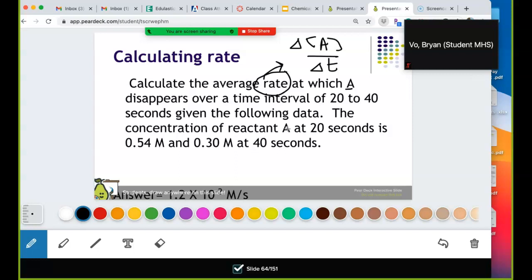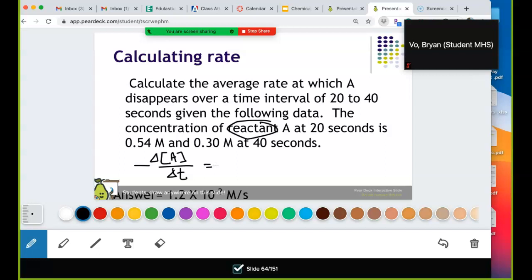So I say the concentration of reactant A at 20 seconds is 0.54 molar, and then it drops down to 0.3 molar at 40 seconds. So obviously reactant A is decreasing concentration over time. So we have a decrease in concentration of A over time because it's a reactant.